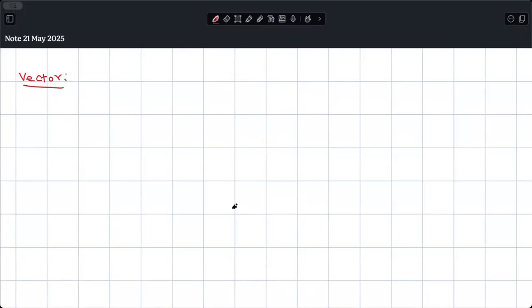Right. Okay. Now, you can see that a vector is a physical quantity which will have both direction and magnitude.